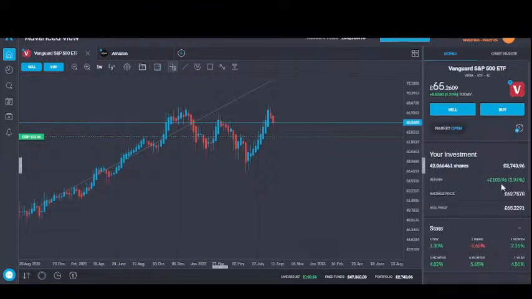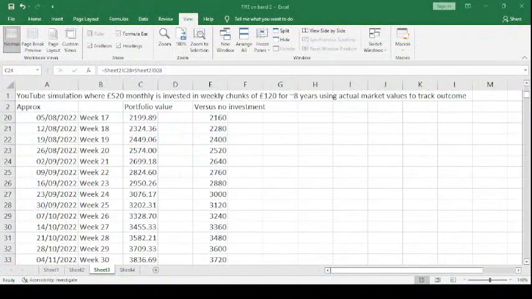So if I just switch back to the Excel prediction, so remember that what have we got there? 2743, nearly 44. Let's just switch back and see what the Excel prediction was for week 21.